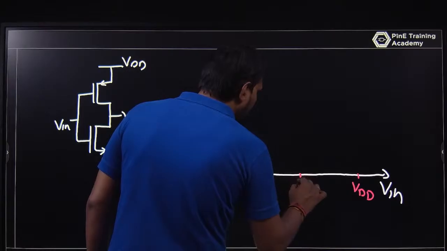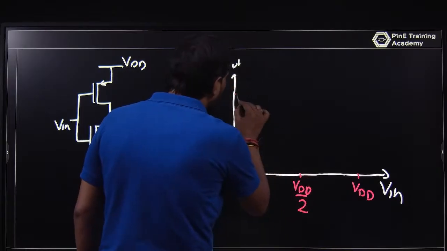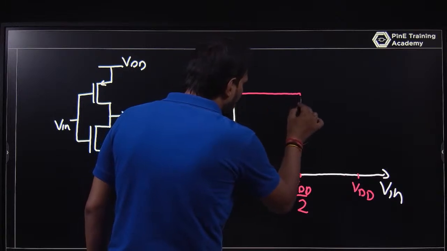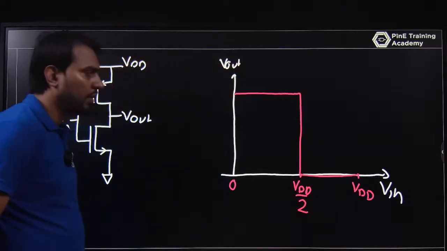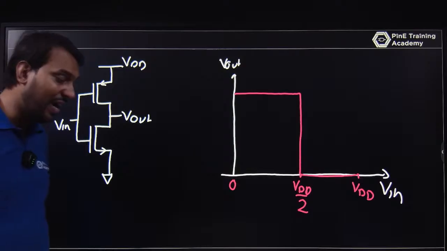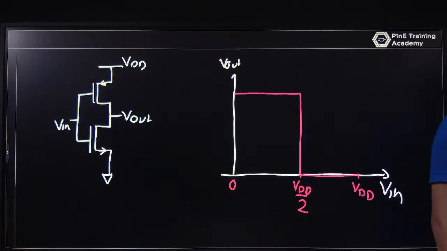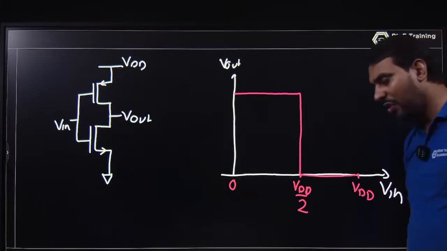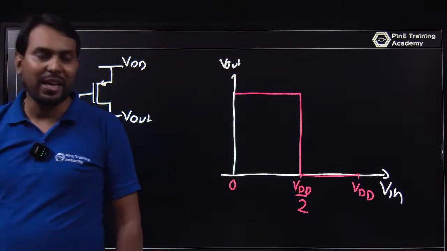At VDD by 2, it looks perfect like this. It is an ideal case: 0 to VDD by 2 the logic is high, the output will be high, and VDD by 2 to VDD the output will be logic low. But it is an ideal case.